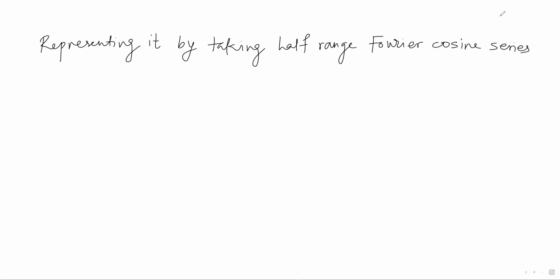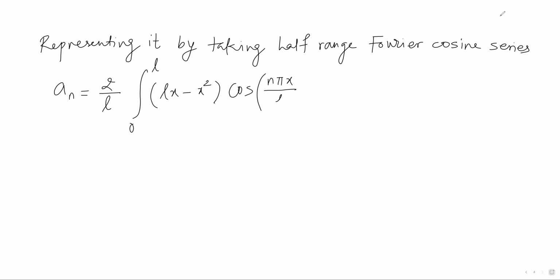The formula of an is 2 upon L, where L in this case is small l, integral from 0 to L. We have the function as Lx minus x square, and here it will be cos of n pi x by L, the angle which we have here, times dx.